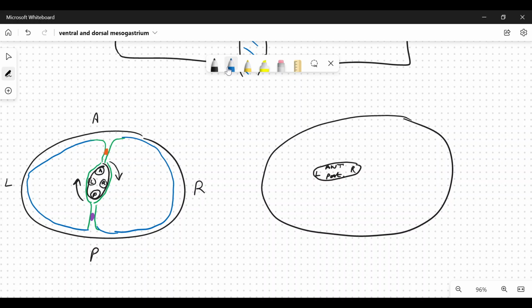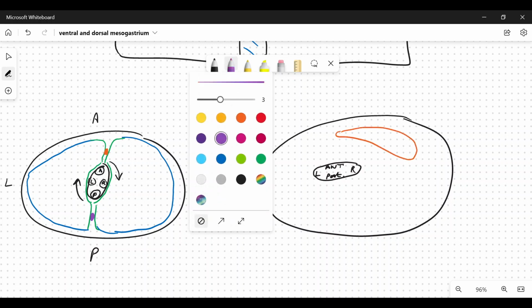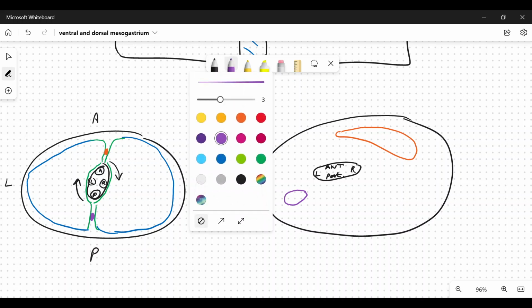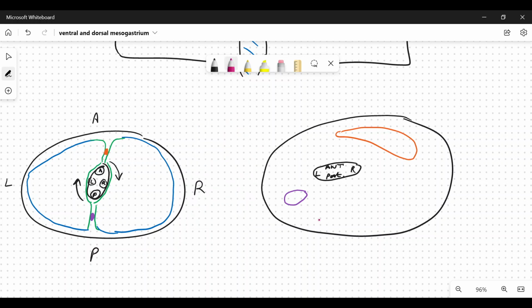Okay, then the liver is going to develop somewhere here, and the spleen is going to displace slightly towards this side, and your left kidney would be lying somewhere here on the posterior abdominal wall. Okay. Similarly, the right kidney would be lying somewhere here.